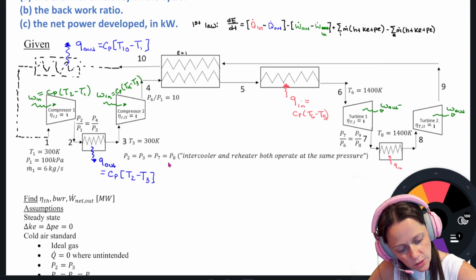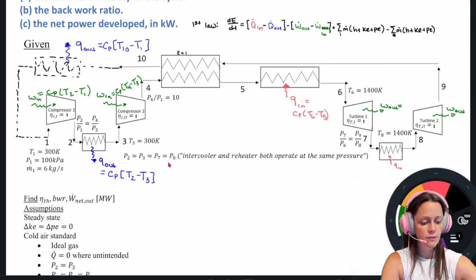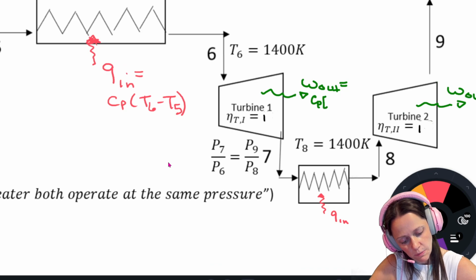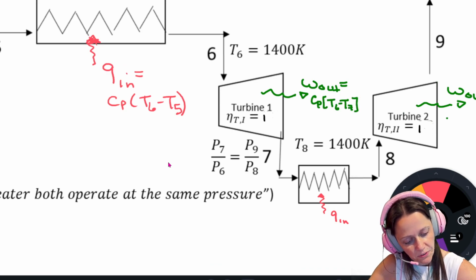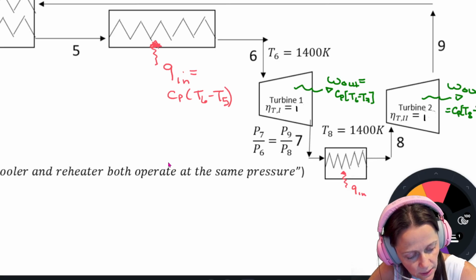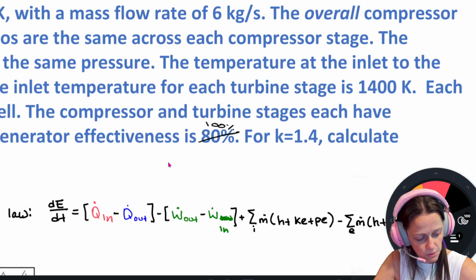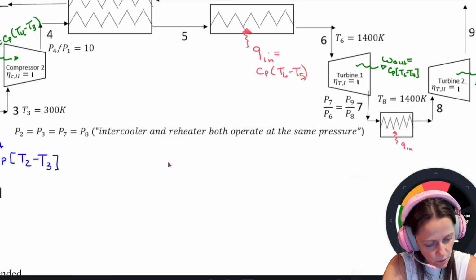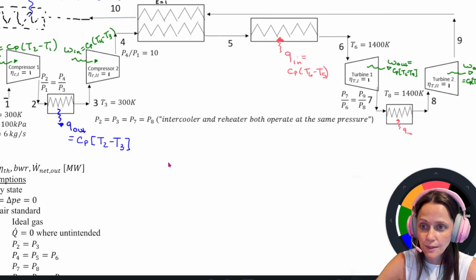Got some work outs over here, so it's going to be in minus out. Cp times T6 minus T7. This one is going to be Cp times T8 minus T9. I thought I could fit it in there. I could almost get it.